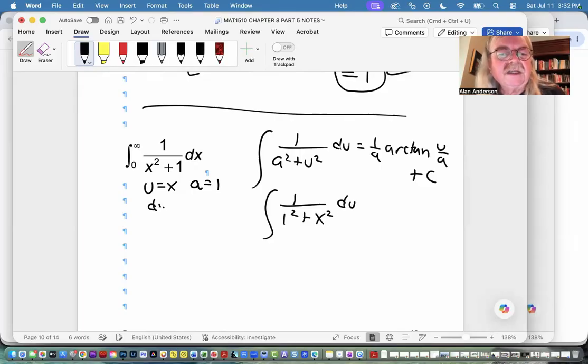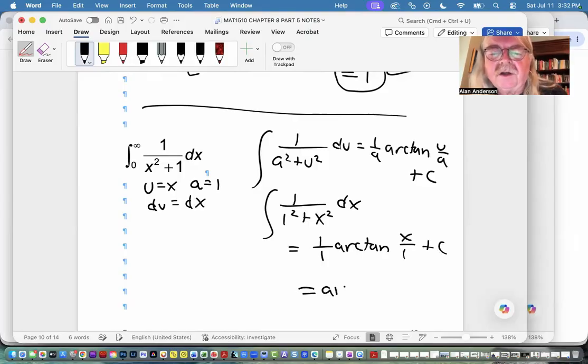Oh, and of course du is dx, so we're good there. 1 over 1 arctan x over 1. So it basically ends up just being the arctan of x.